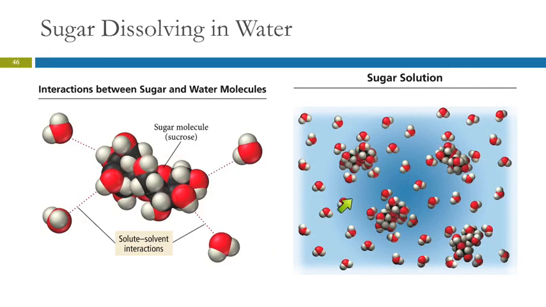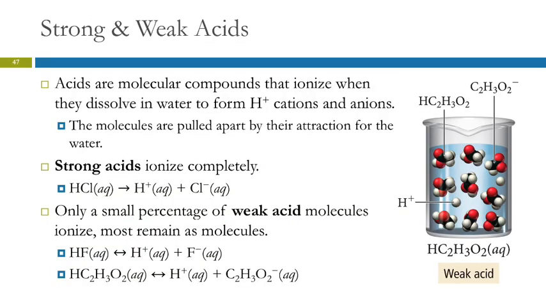It does get surrounded by water molecules, which lure it away from the other sugar molecules. They feel comfortable, so they're willing to go off with the water molecules. It will dissolve. In fact, it dissolves very well in water. You can put a lot of sugar in a solution of water, but it doesn't form ions.